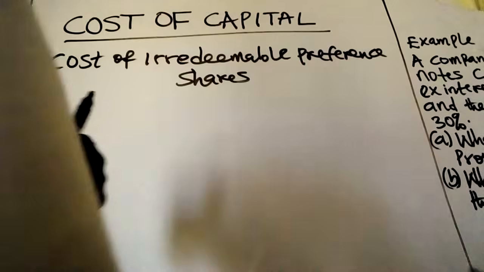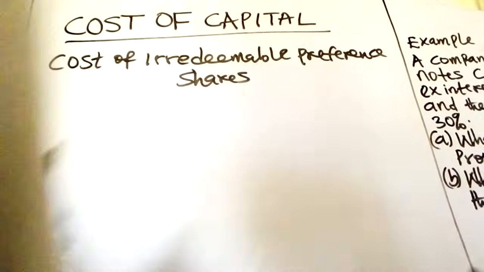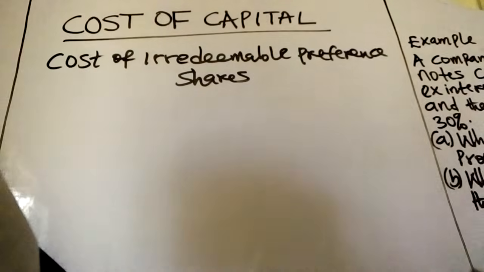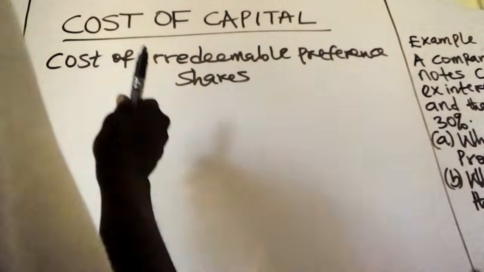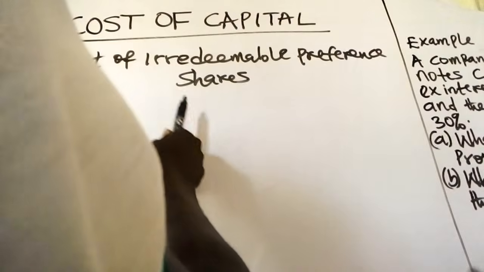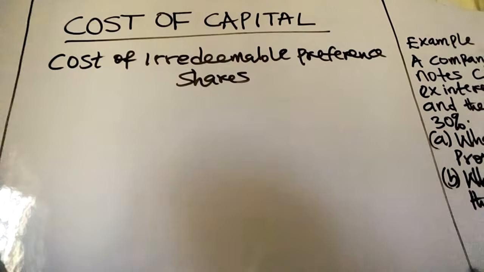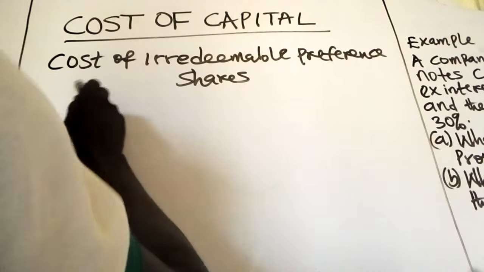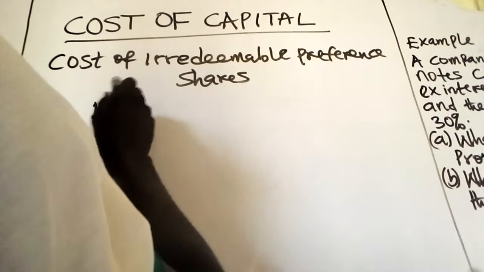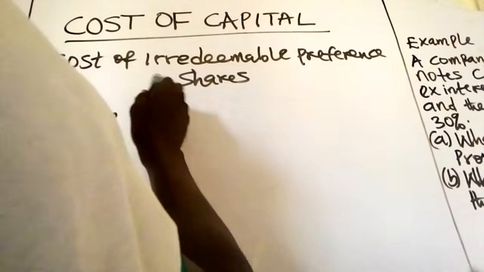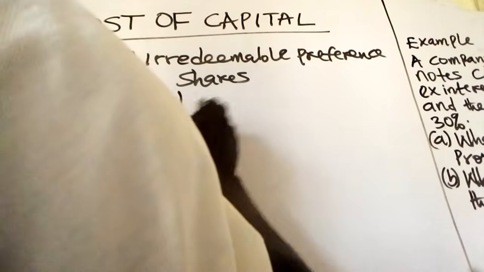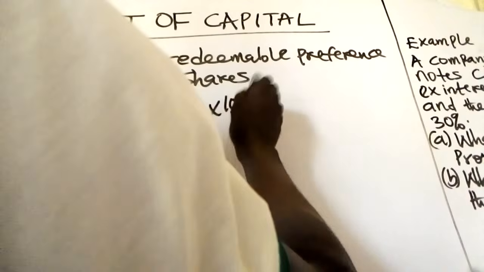So the cost of preference shares, represented by Kp, equals dividend over market value of preference shares times 100.